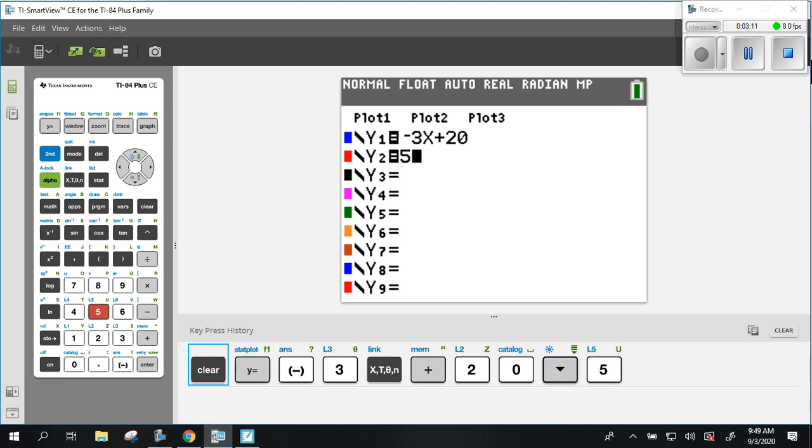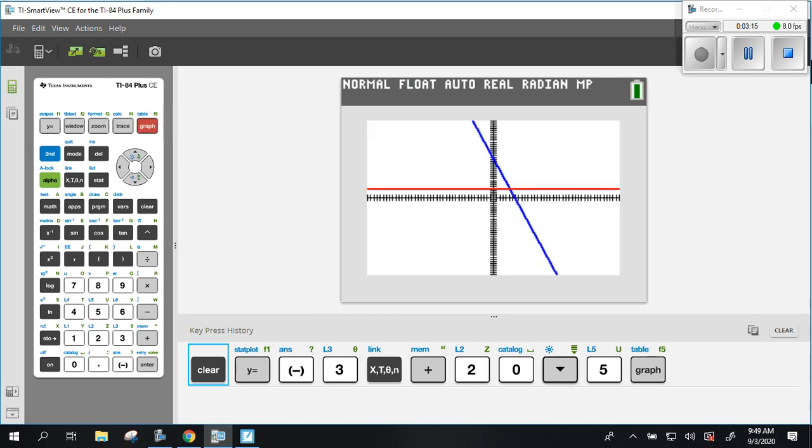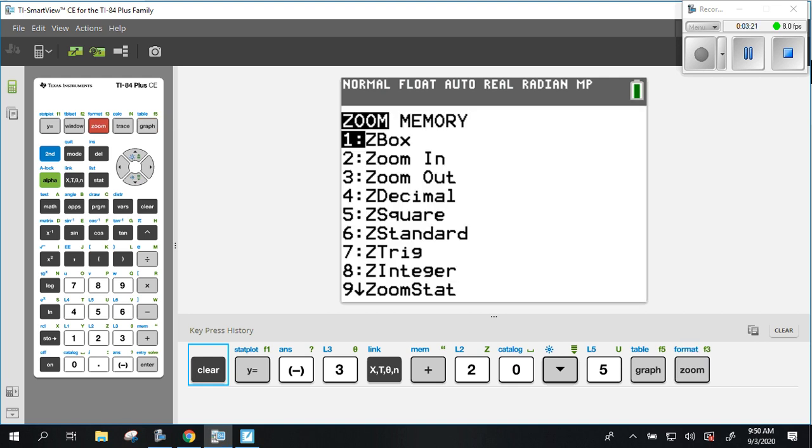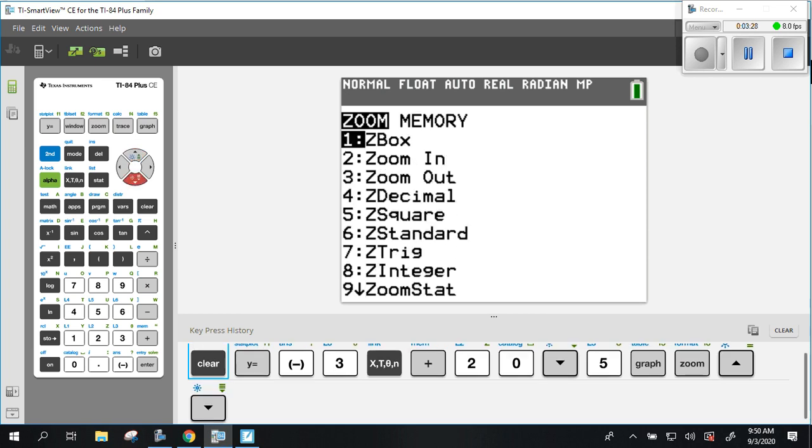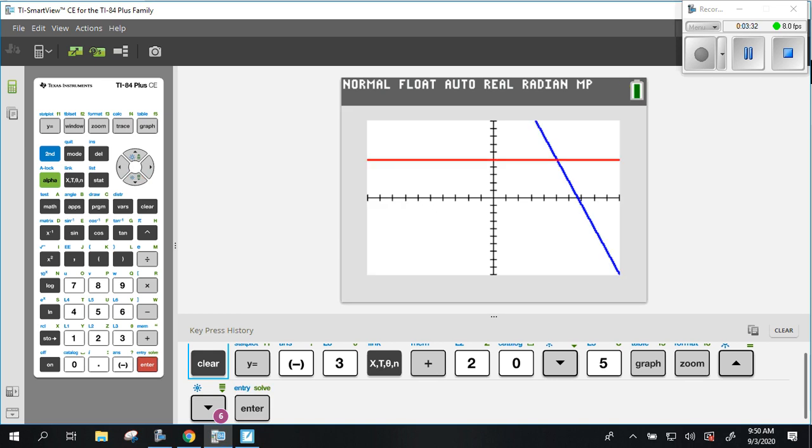And there they are. My zoom is a little weird on this, so let's fix that. Let's go to zoom, and I would like our standard zoom. I think that's going to be nice. Excellent. Now we just need to find where those 2 lines intersect. The intersection of the 2 lines is the solution to the equation.